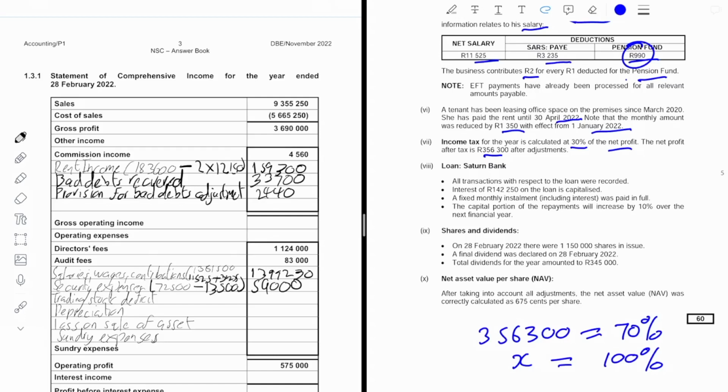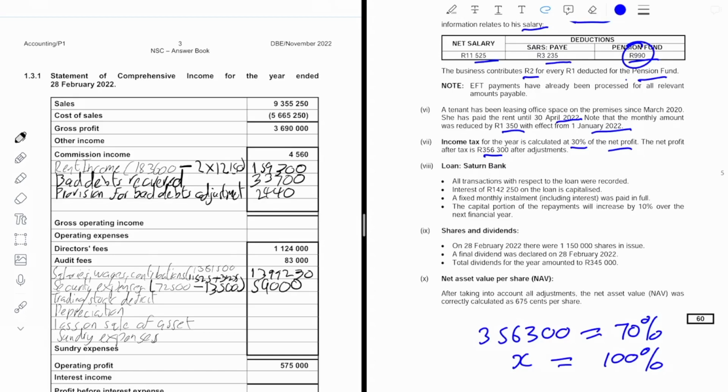But since we've got our income tax and our net profit after tax, if we just add these two figures together, we do get to the figure we need, and that is 509,000. Okay, and then we just need to work back from this figure. So my net profit before tax is 509,000.